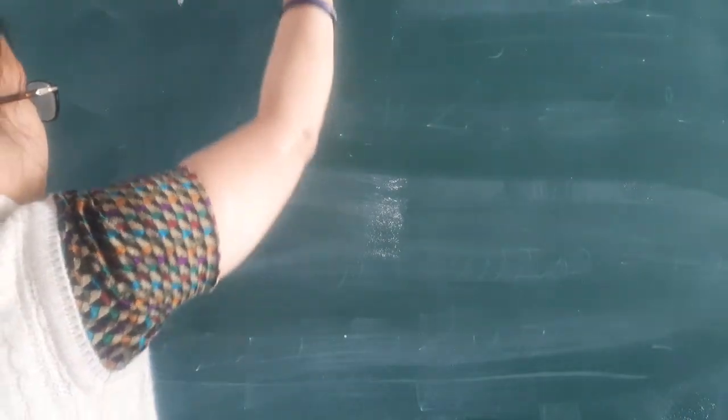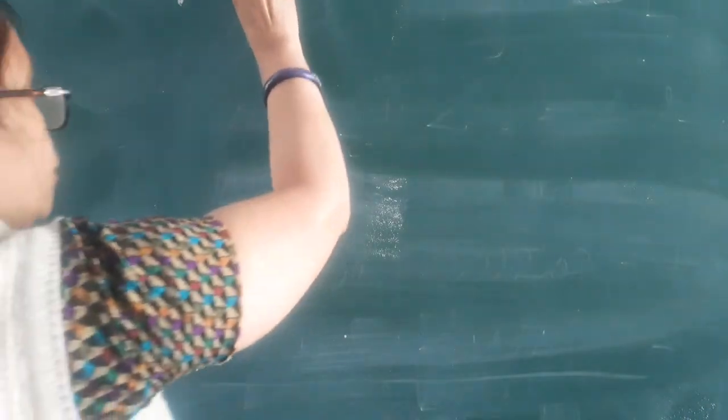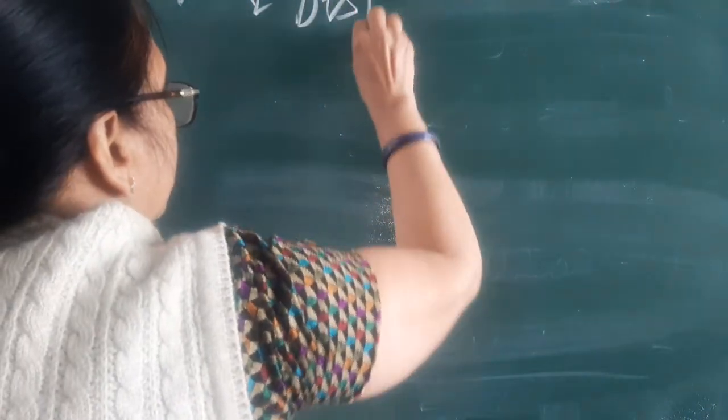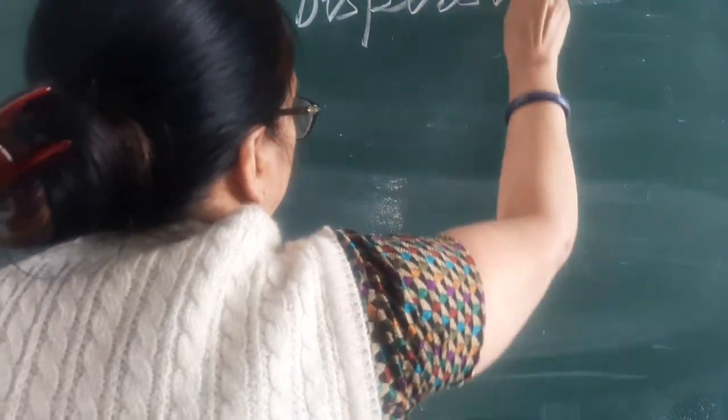Now let us talk about refraction of light, and we are talking about dispersion also with this. Now children, the bending of light, what is refraction?